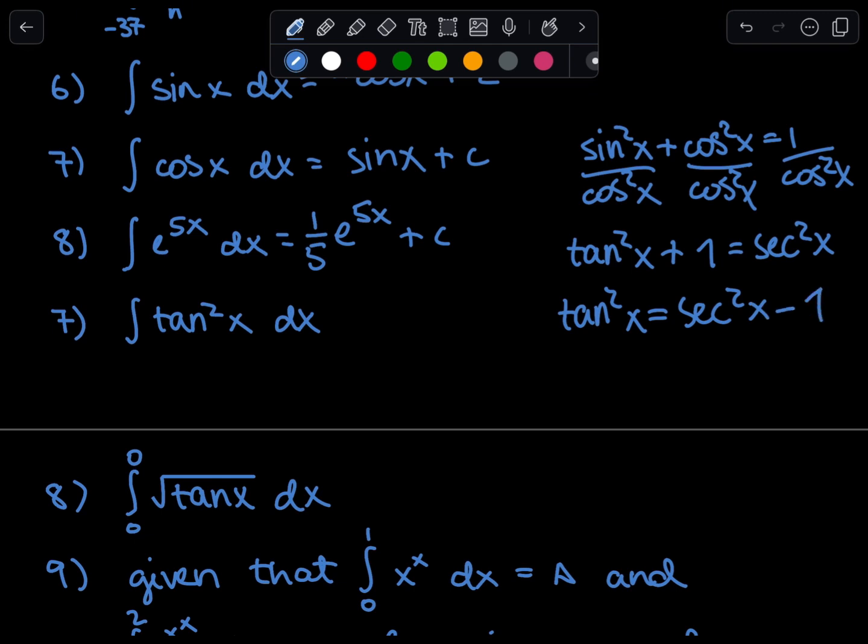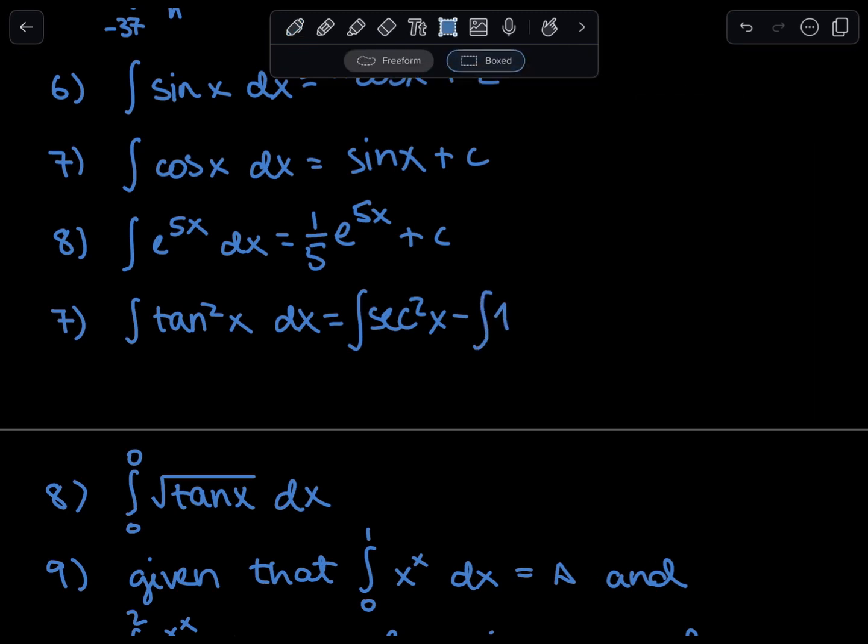Now let's replace this integral by secant squared of x. And let's also split the integral. So minus 1. I'll add some more space and add the dx's. Okay.